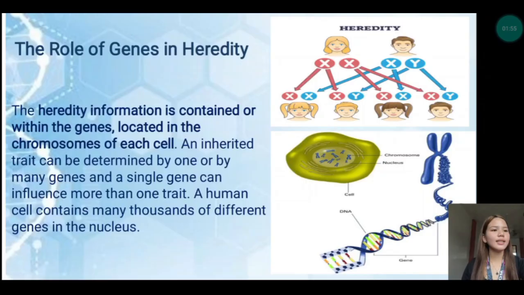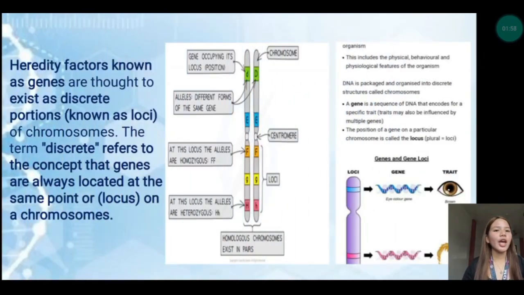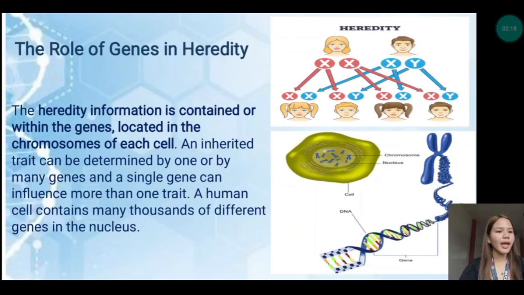And the second is, hereditary factors known as genes are thought to exist as discrete portions, known as loci, of a chromosome. So ang heredity nag-exist siya as discrete portions. As you can see, the segment of DNA in the second picture, kanang sa ubos, naa siyay different colors sa center sa segment sa DNA.